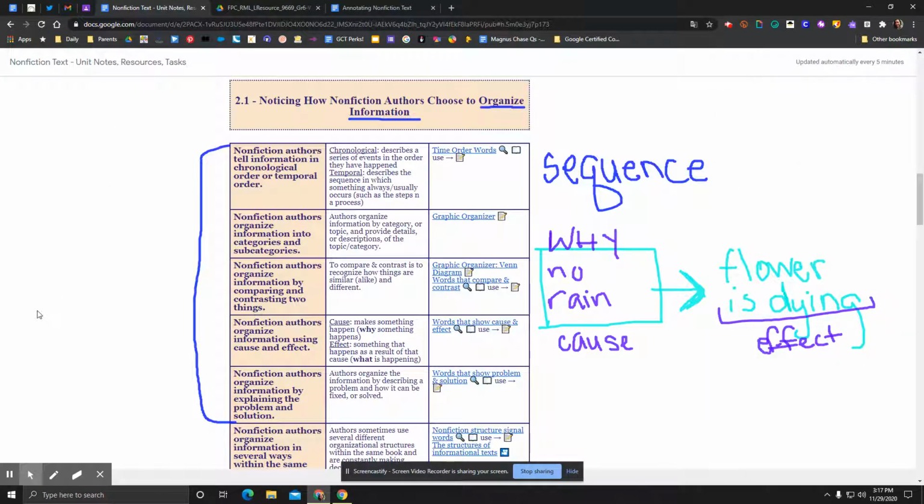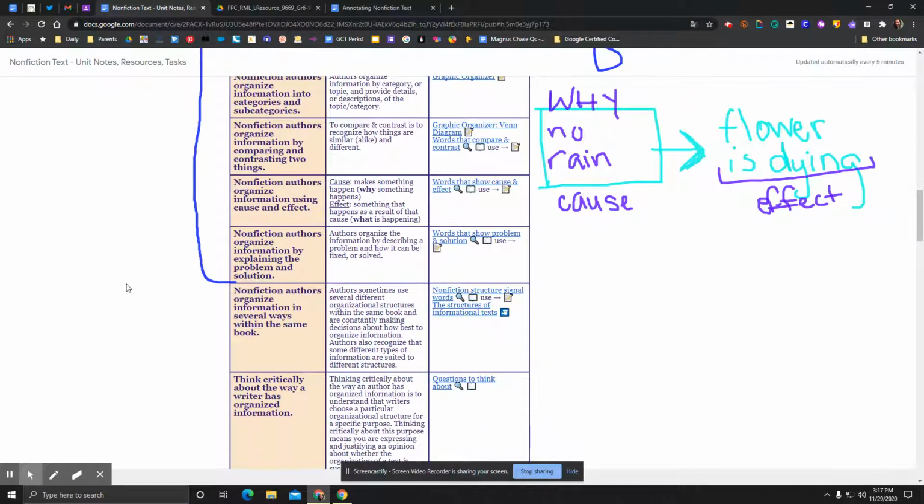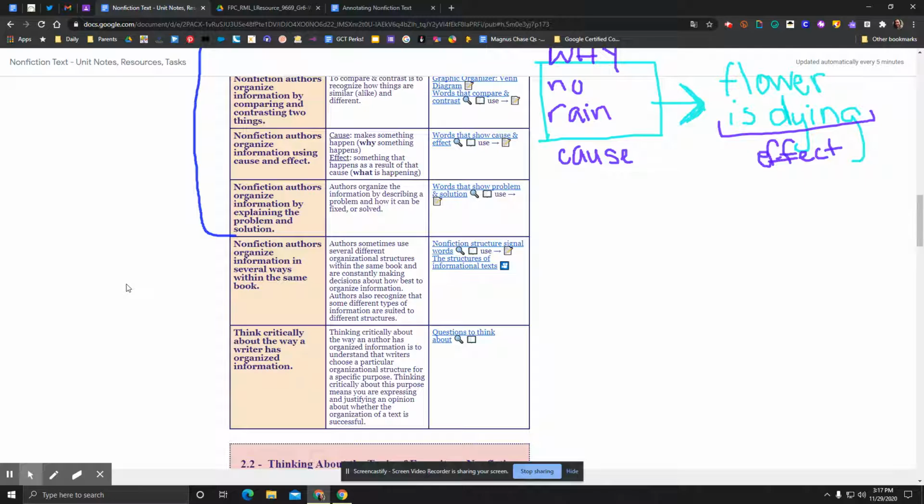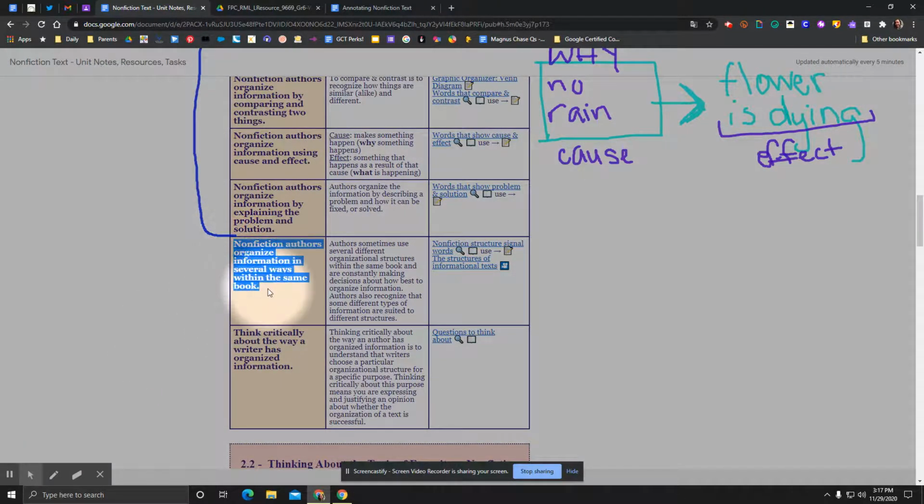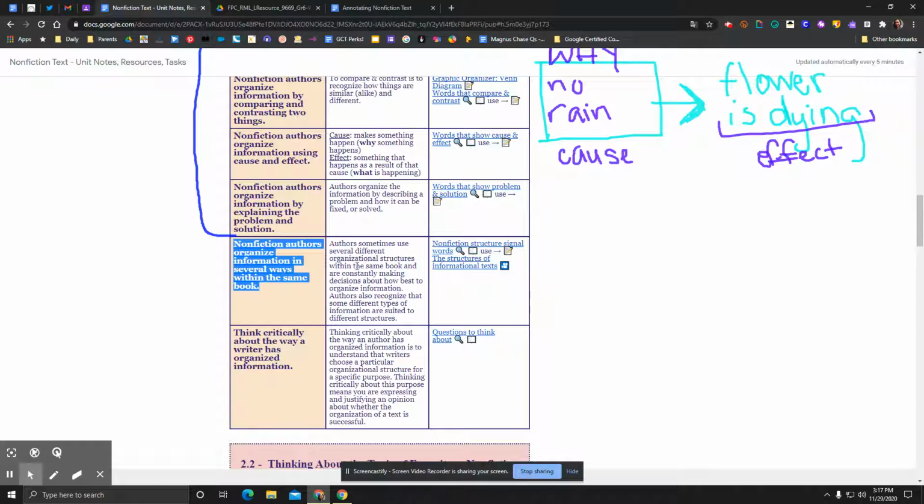So now that we've talked about the different ways that authors might be able to organize information, it's actually really important that we stop and think a little deeper about it. So, for instance, it's important that we recognize that authors can organize information in several ways within the same book. So, just because an author has chosen to compare and contrast doesn't mean that they can't do problem and solution as well.